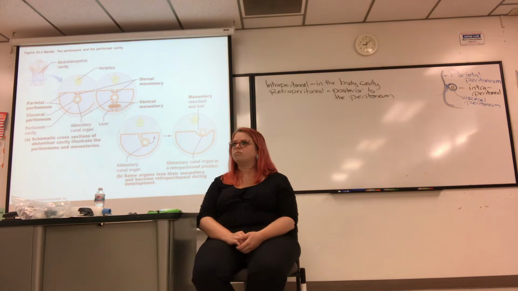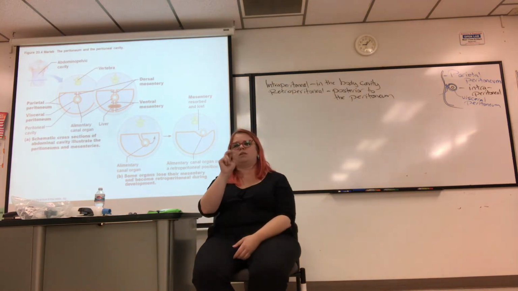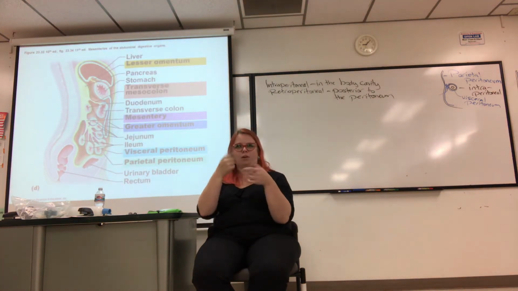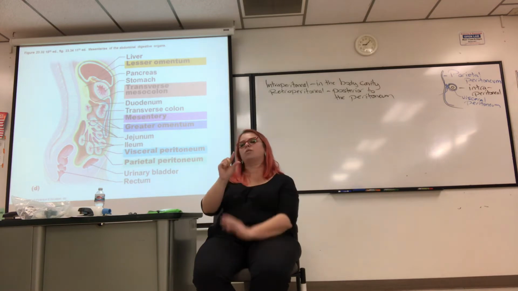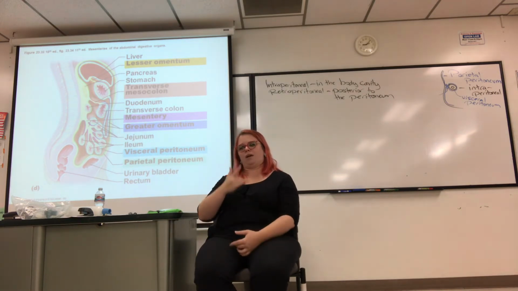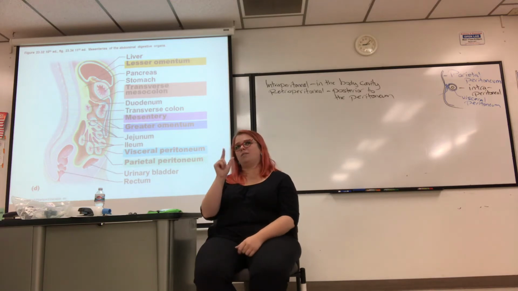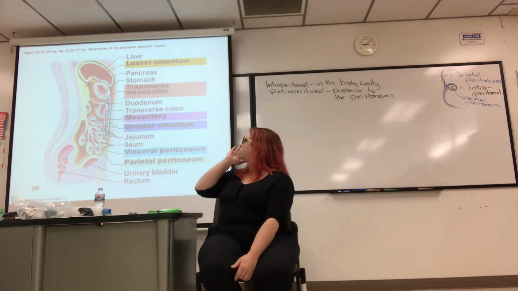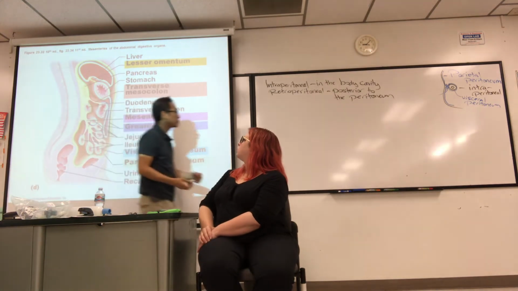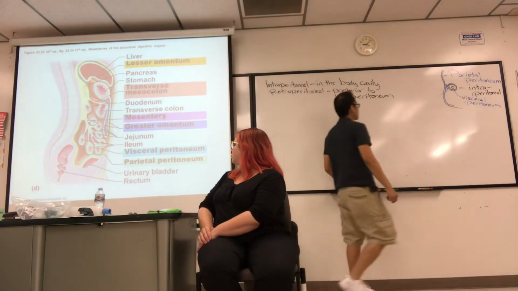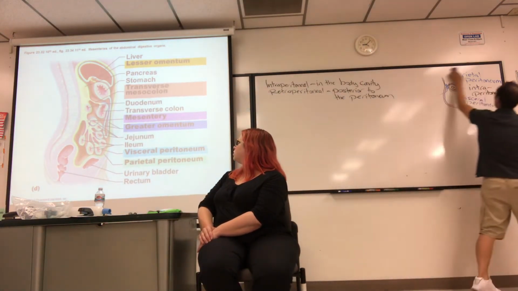There are some mesenteries that have been named and I want you to know them. Let's look at this picture to help us learn. It's a sagittal section through the whole ab cavity so you can see all the digestive viscera. So it's kind of like this. I'll draw it bigger.